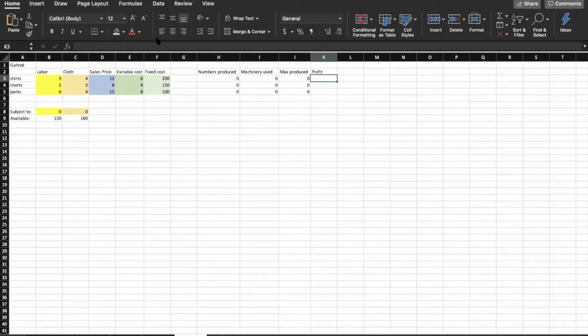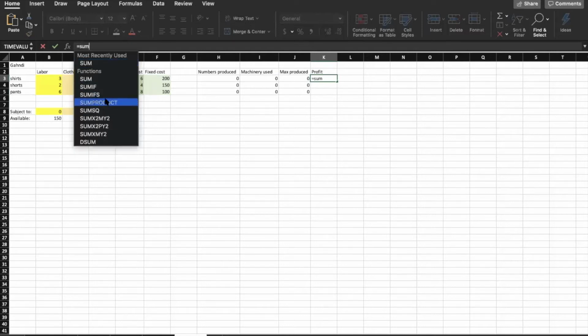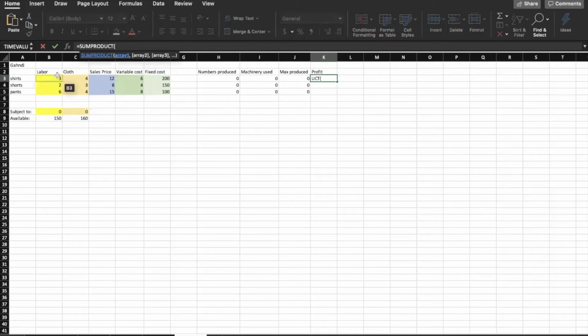So now that all of this is set up, let's put in our profit function. And again, I'm doing it as a sum product. The first part would be the revenue, which would be the numbers produced times the sale price.